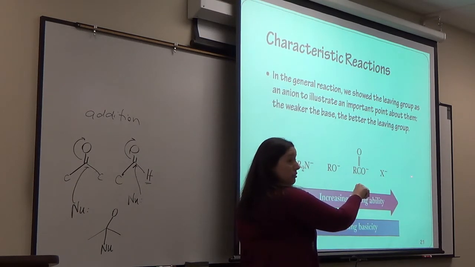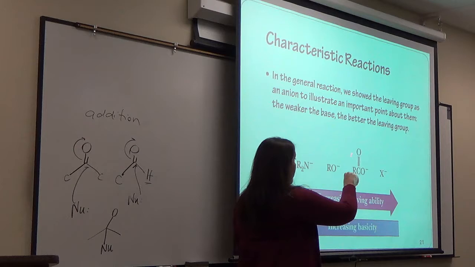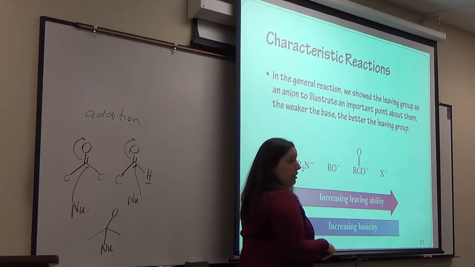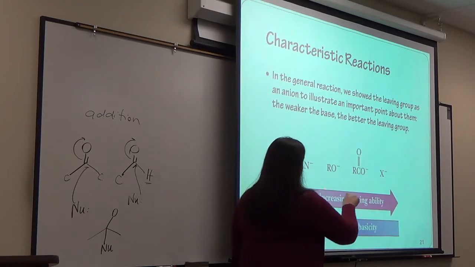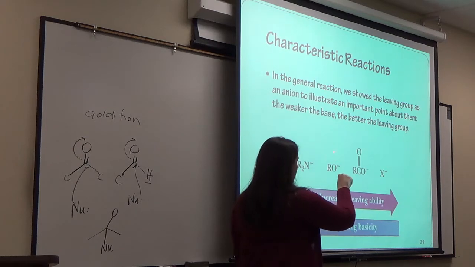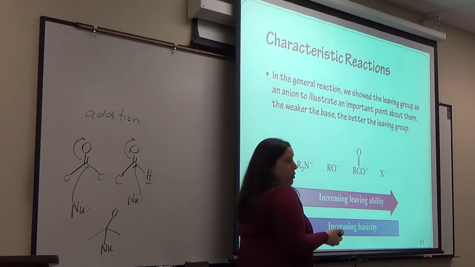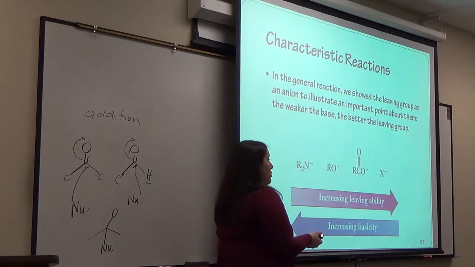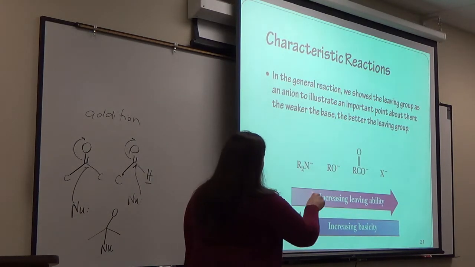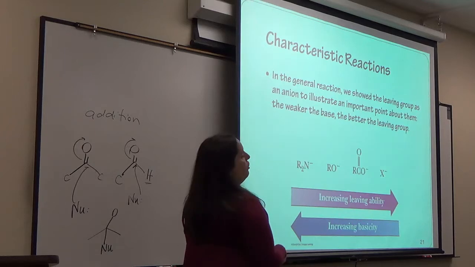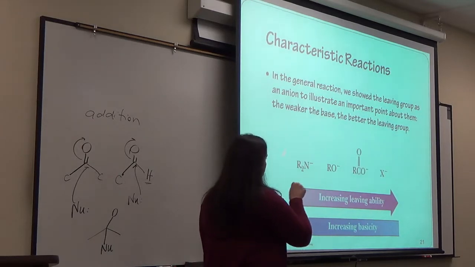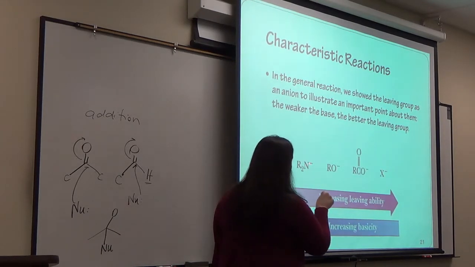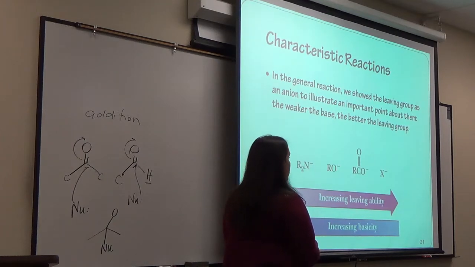A Cl is a great leaving group, as is a carboxylate. This one from an alcohol is okay, not great, but we can transform it into a number of different leaving groups. We saw that in chapter 10. And then nitrogen, it's not great, but it can still leave because nitrogen will carry the negative charge.